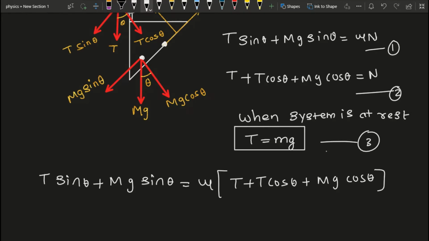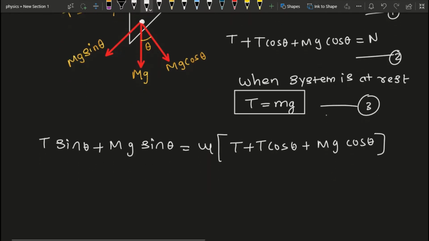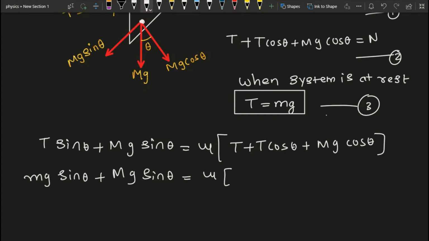In the place of t, I can write small m into g, so small m g sin theta plus capital Mg sin theta is equal to mu into small m g plus small m g cos theta plus capital M g cos theta.